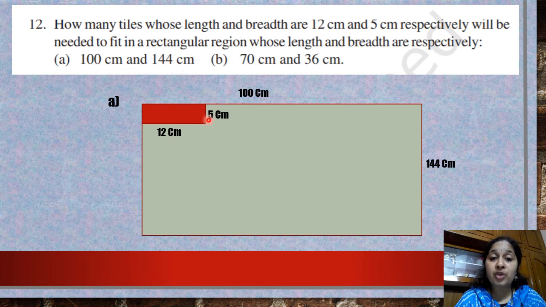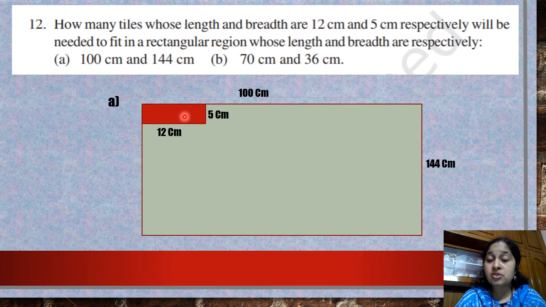Yes. So we can find the area of this tile also. So from the total area of the rectangular region, if we divide by the area of this tile, we can easily get the number of tiles required. I hope you understood, children.